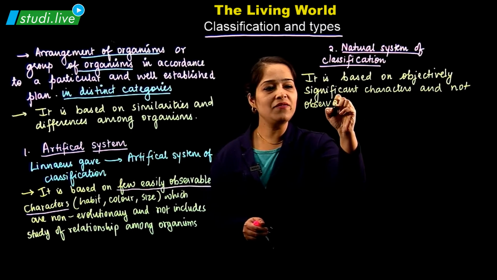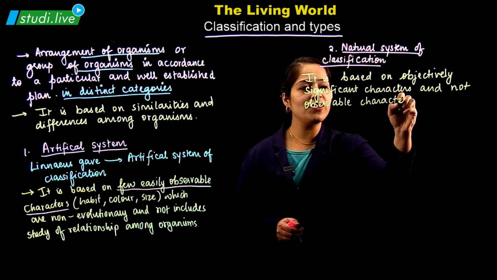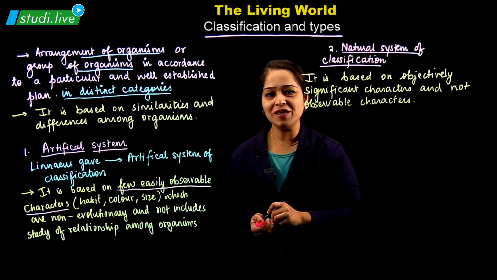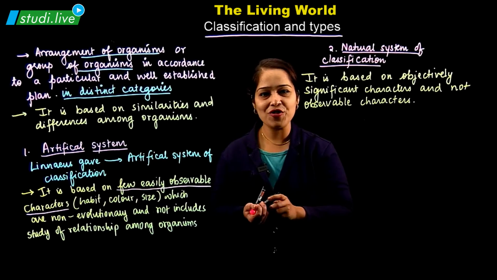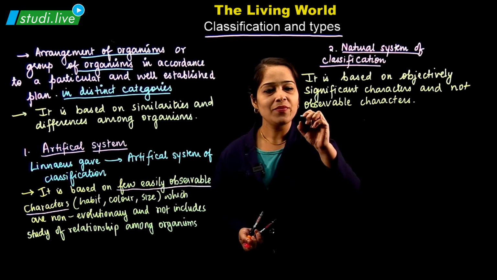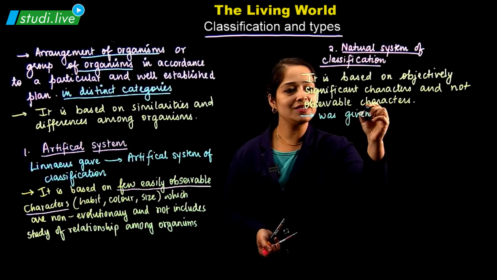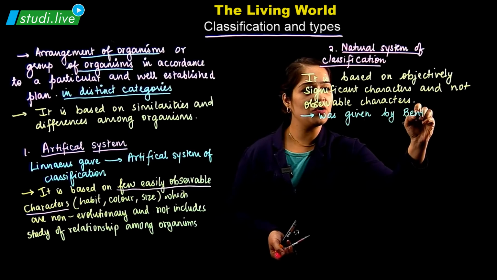Objectively significant characters means here the relationship among the organisms is taken into account, which are not observable characters. This natural system of classification was given by Bentham and Hooker.